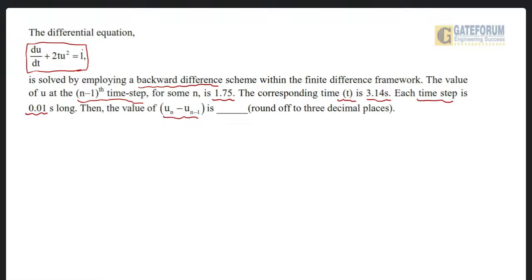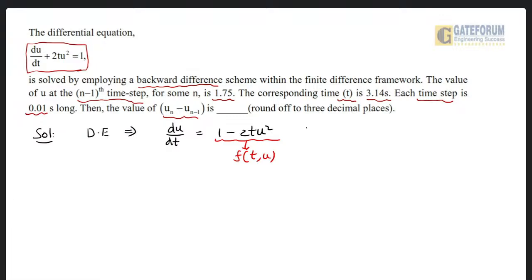So this is not in standard form differential equation. The solution is: the differential equation can be written as du by dt is equal to 1 minus 2t u square. Okay, so this is our function of two variables. The dependent variable is u, the independent variable t, so f of t comma u. First of all, this is the observation.